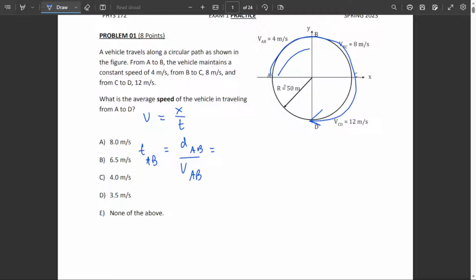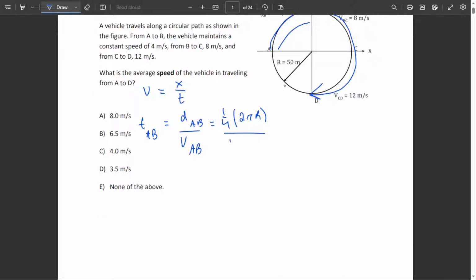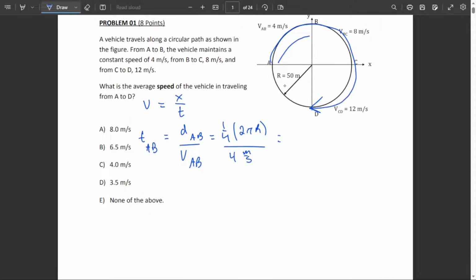That's good. To find this distance, it's just 1/4 of the circumference of the circle, so that's 1/4 times 2 pi r. And then we're given the speed, 4 meters per second. So this gives us 1/8 pi r.